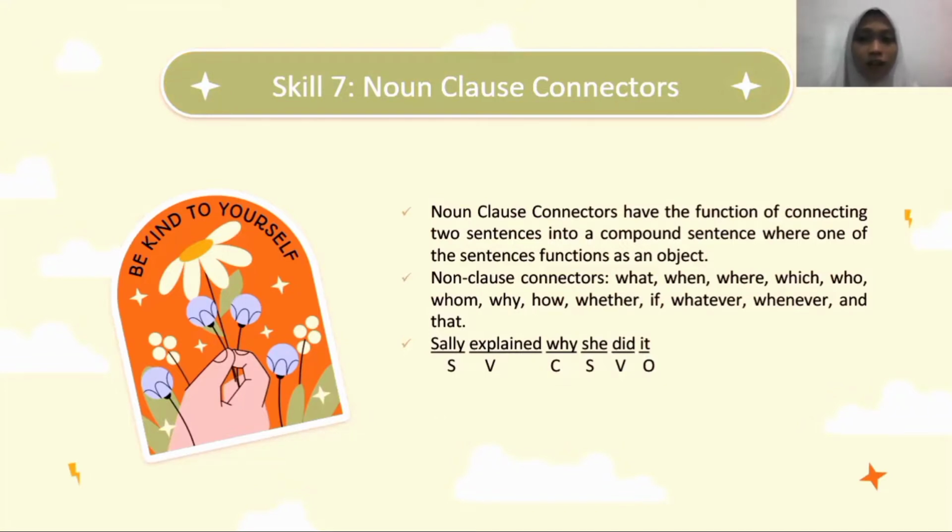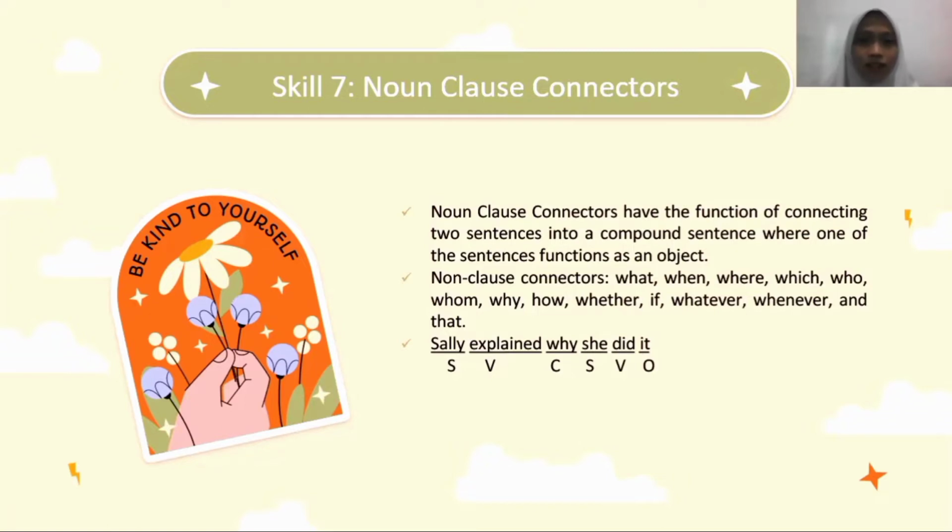Noun clause connectors have the function of connecting two sentences into a compound sentence where one of the sentences functions as an object. There are several noun clause connectors that are commonly used, such as what, when, where, which, who, whom, why, how, whether, if, whatever, whenever, and that.